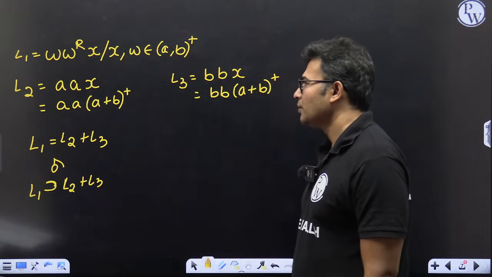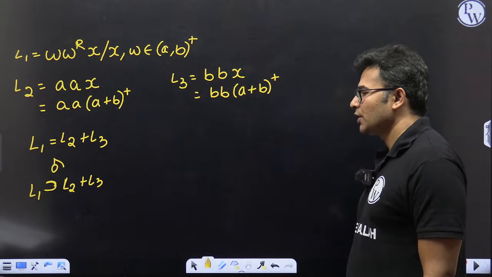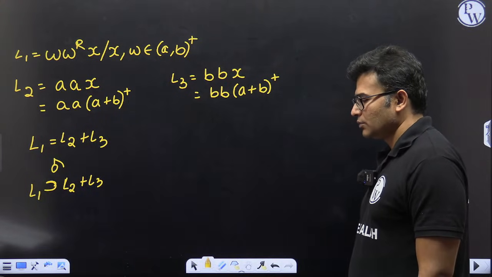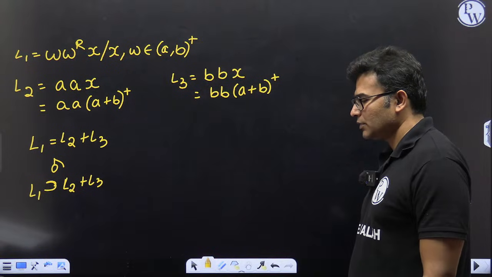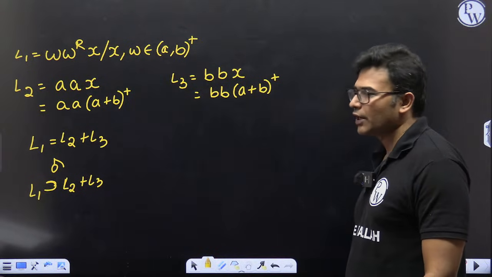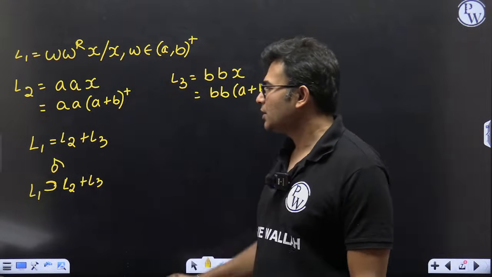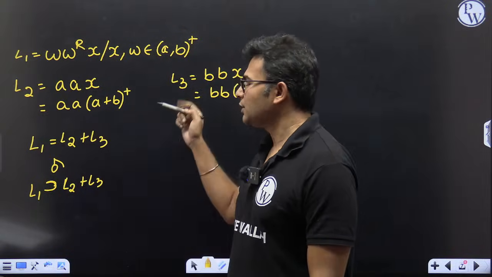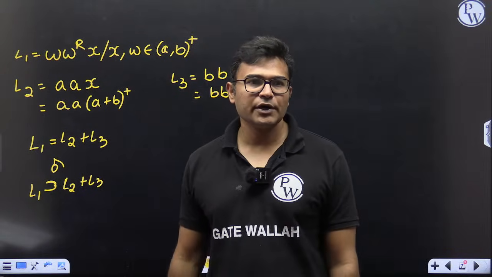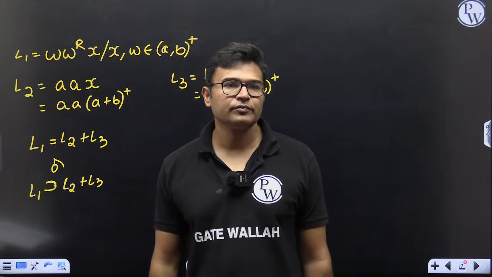So take some W which is not a or b and try to see if that string can be generated by either L2 or L3.